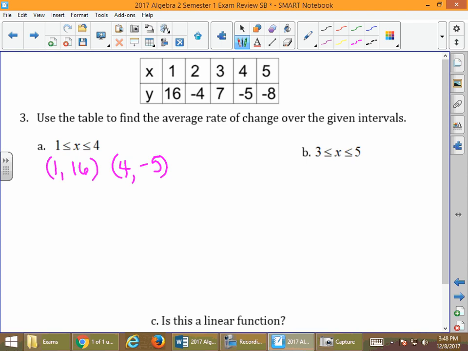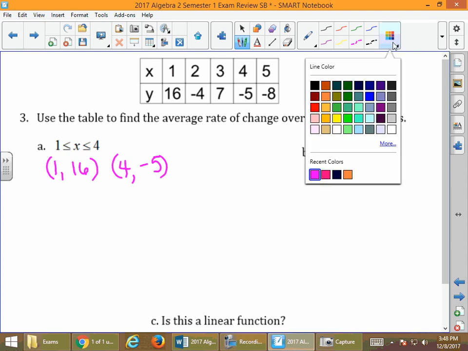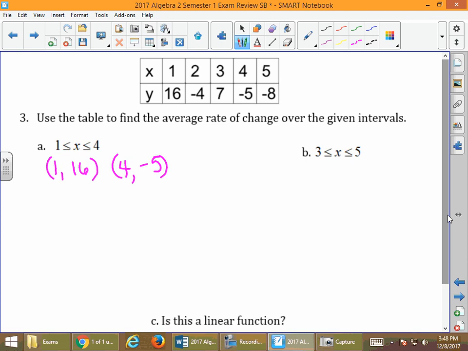And what we have to do when we're finding the average rate of change is use our slope formula. The slope formula, as a reminder, is y2 minus y1 divided by x2 minus x1. And we can label this in our problem. Here's x sub 1 and here's y sub 1.